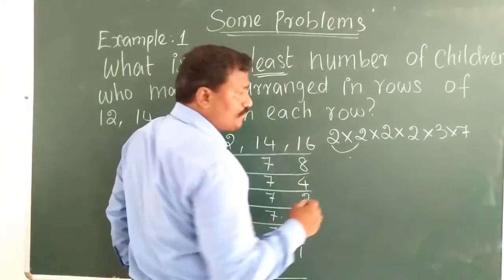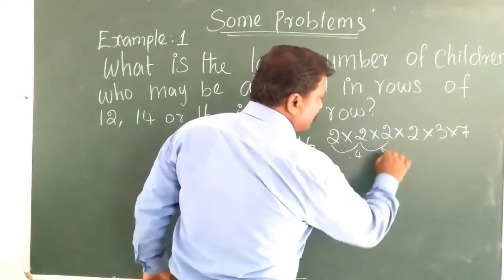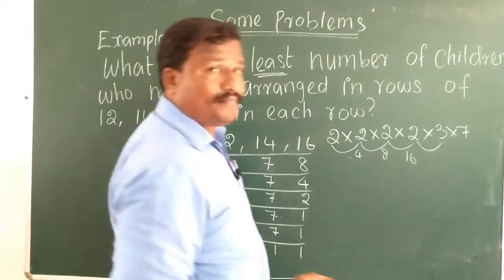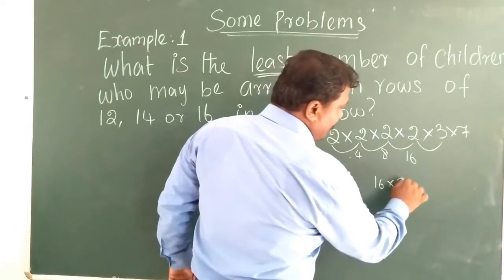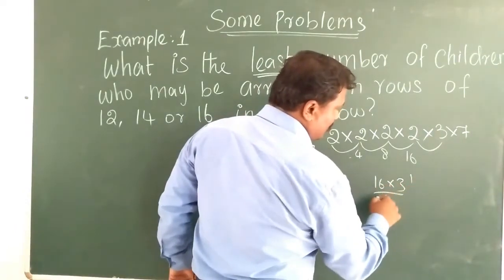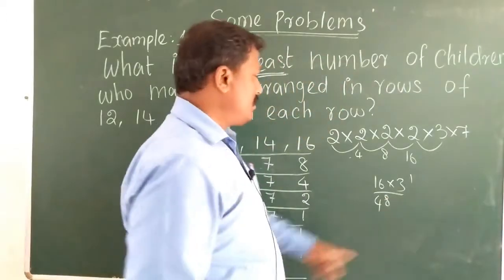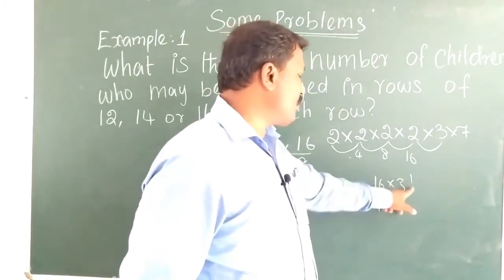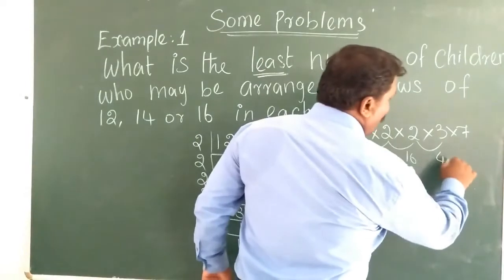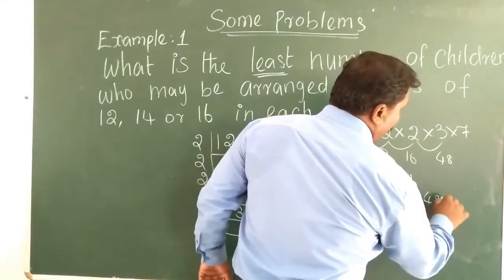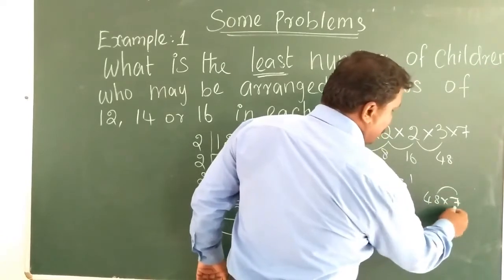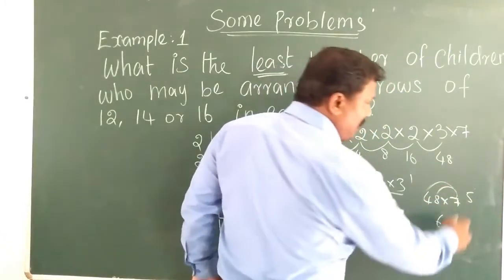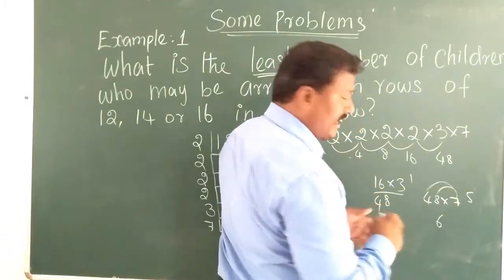2 2s are 4, 4 2s are 8, 8 2s are 16, 16 3s are 48. Then 48 into 7. 7 8s are 56, remainder 5. 7 4s are 28 plus 5 is 33.